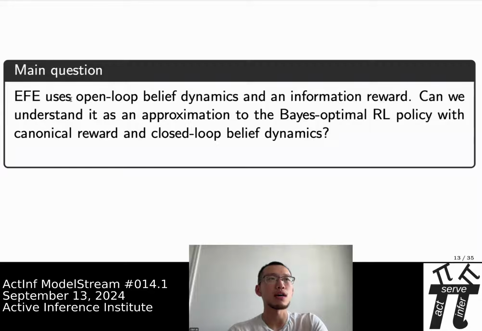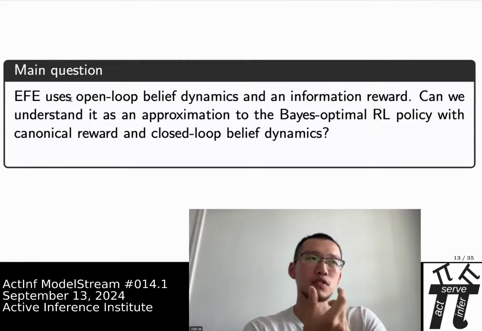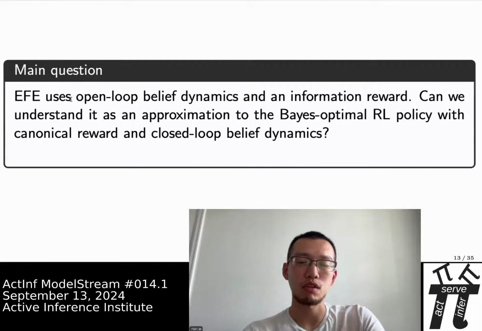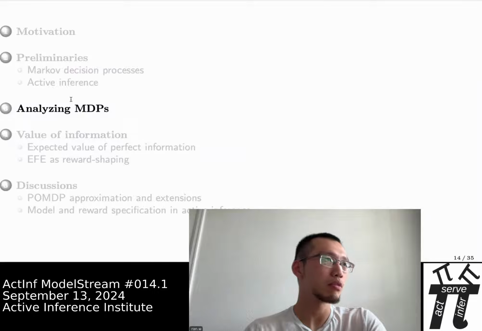So can we understand these modifications in EFE as an approximation to the Bayes optimal belief MDP, and in turn the Bayes optimal policy? That's the question we're trying to pursue in this paper.